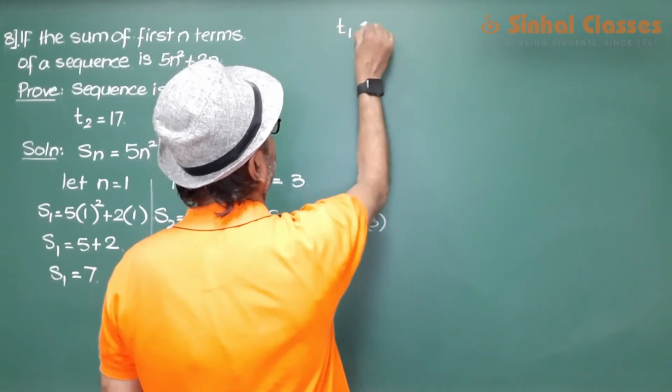What amount will she pay as the 30th installment? Now, we need to find out the amount that she is paying in the 30th installment. So if it is the 30th installment, we need to find out T30.